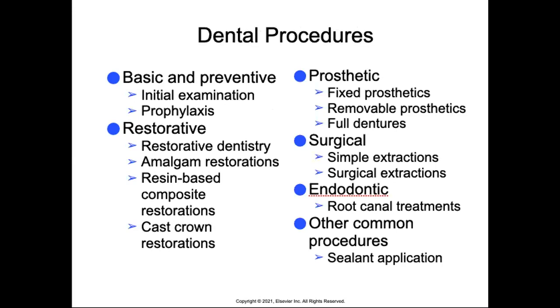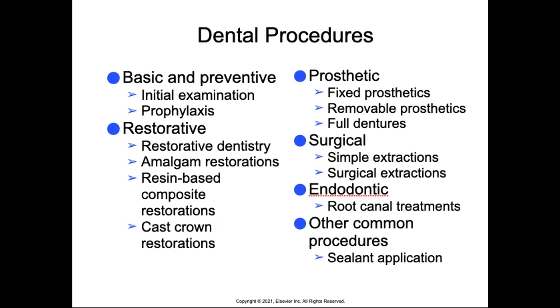The dental procedures that you should be familiar with include the following. We have basic and preventative procedures, and this will include an initial examination and prophylaxis, which is usually just a regular cleaning. We have restorative procedures that include amalgam restorations or resin-based composite white fillings, and cast crown restorations.